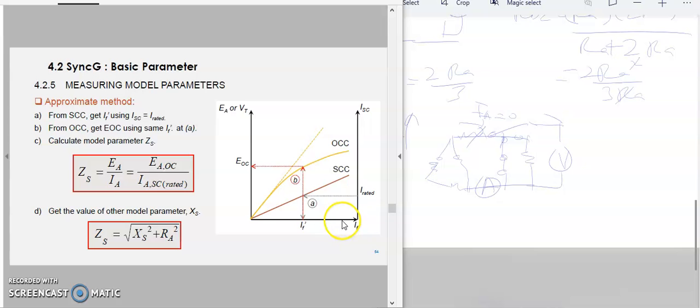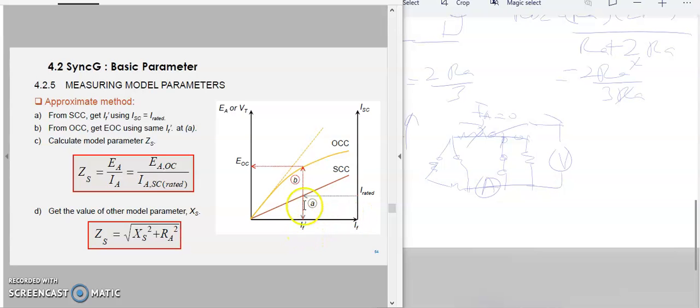Then we combine both graphs together, the short circuit test and the open circuit test. From the short circuit test we set the I short circuit at I rated. We take I rated from the nameplate of your motor or generator, where the rated current is stated. That rated current value you plot on the graph of short circuit current, and you get the related field current that produces that rated current.